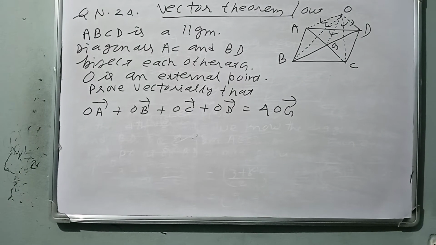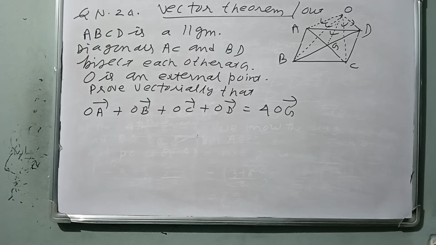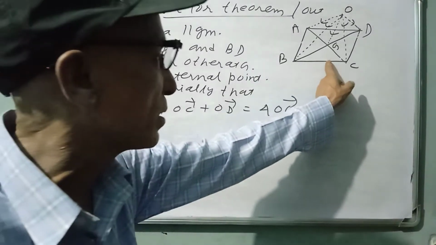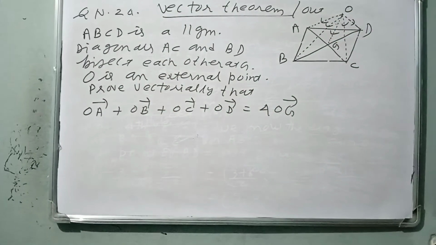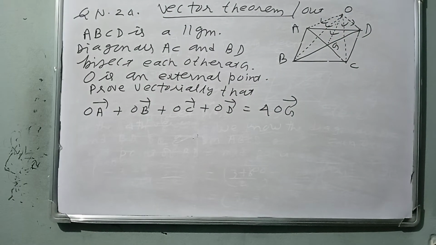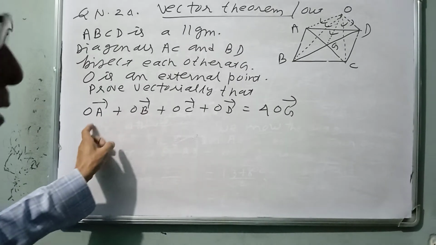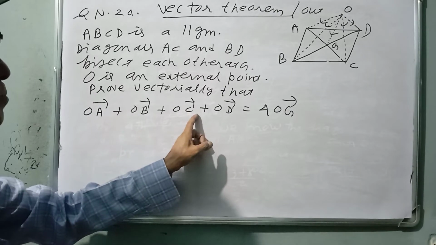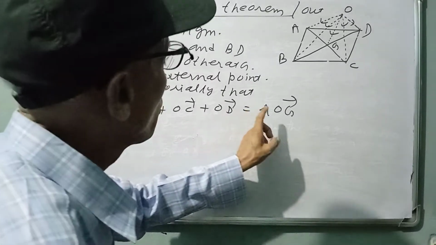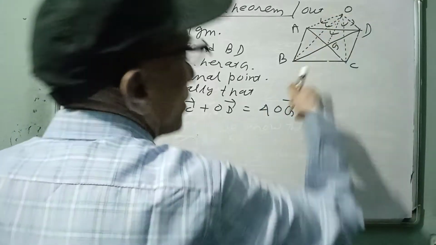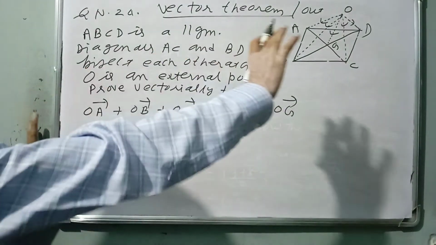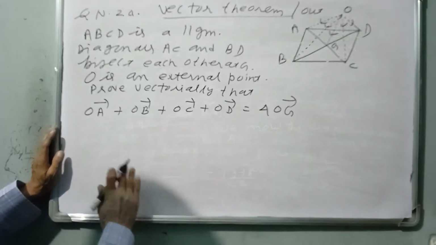Given ABCD is a parallelogram, AC and BD are diagonals which bisect each other at point G. O is an external point. OA, OB, OC, OG and OD are joined. Prove vectorially that vector OA plus vector OB plus vector OC plus vector OD equals 4 times vector OG. This is the question. Then how to solve?